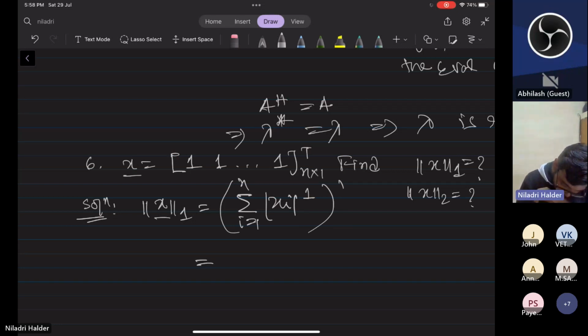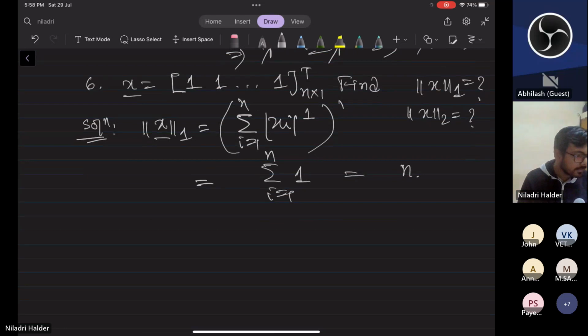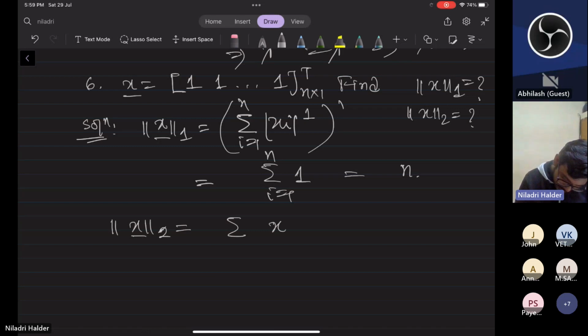All are positive numbers, so the summation from i equals 1 to n of 1 equals n. And what should be the L2 norm?